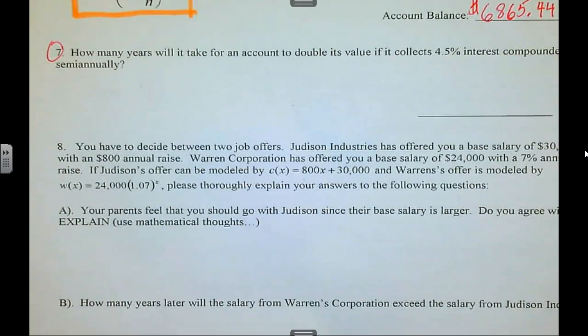If Judison's offer can be modeled by C of X equals 800X plus 30,000, and Warren's offer is modeled by W of X equals 24,000 times 1.07 raised to the X, please thoroughly explain your answers to the following questions.